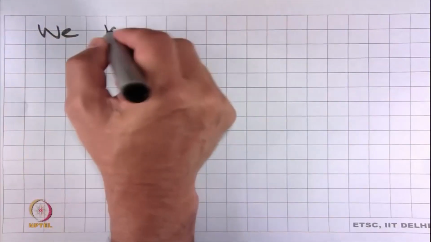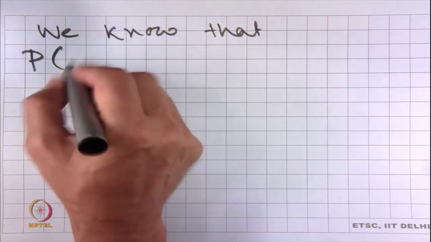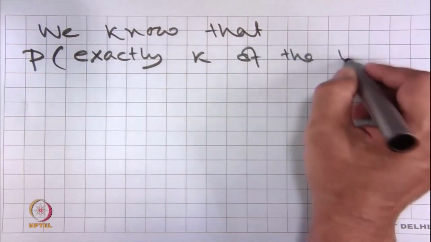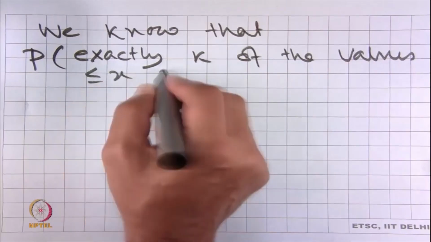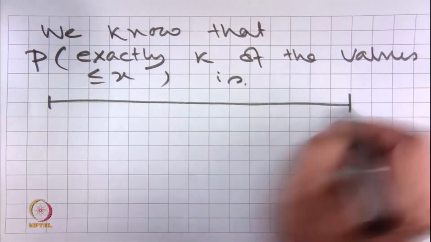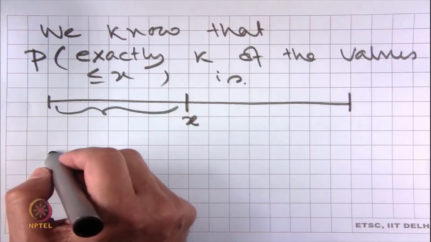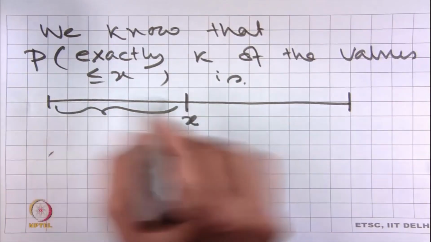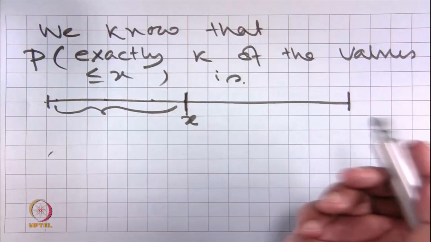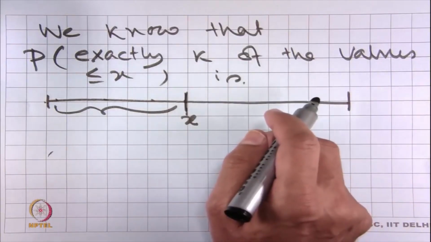We know that the probability of exactly k of the values less than or equal to x is: out of the n samples we will choose k of them and they will be put in the interval less than or equal to x, and the remaining n minus k will remain in this part which is greater than x.